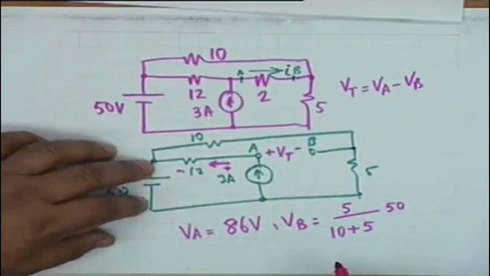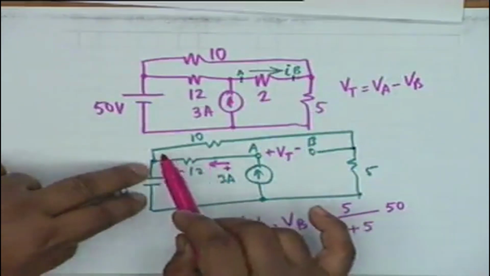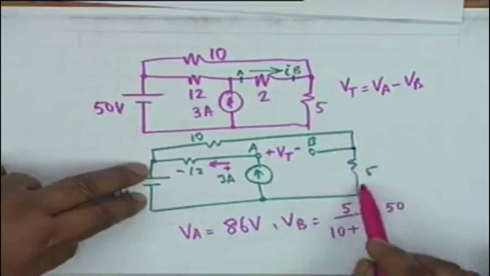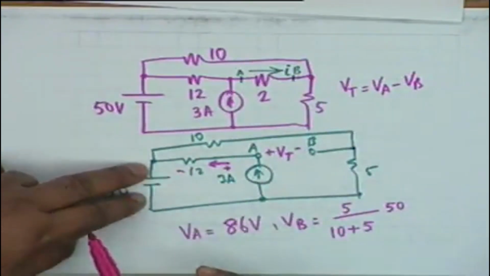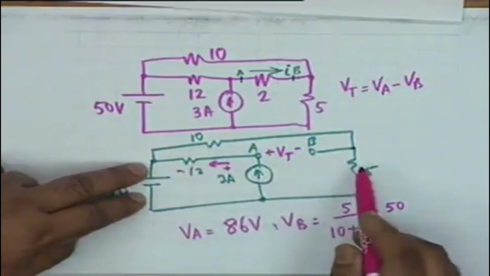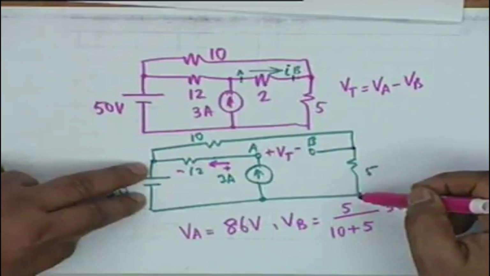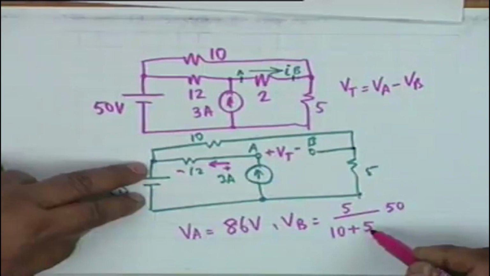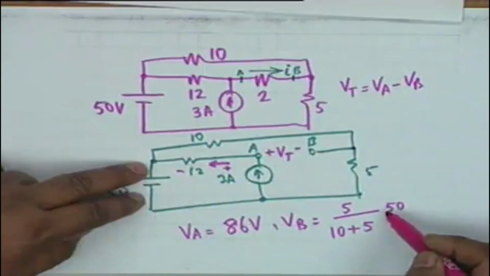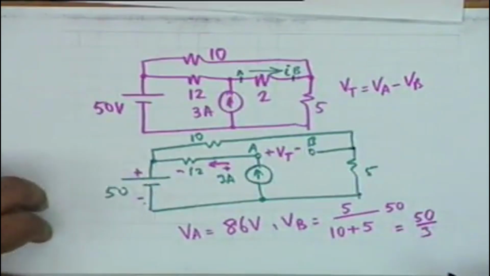Is this point clear? 50 volt appears across a series connection of 10 ohms and 5 ohms. Remember, this is open, so the rest of the circuit does not interact with it at all. So 10 ohms and 5 ohms, what we are trying to find is the drop across 5 ohms. And obviously voltage division, R2 over R1 plus R2 multiplied by 50. Is this point clear? How much is this? 50 divided by 3. Agreed?